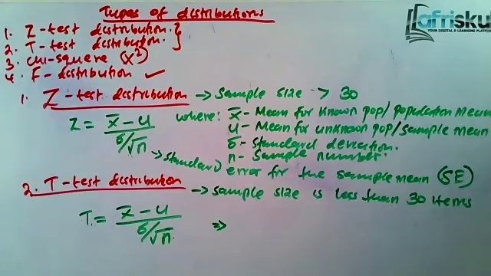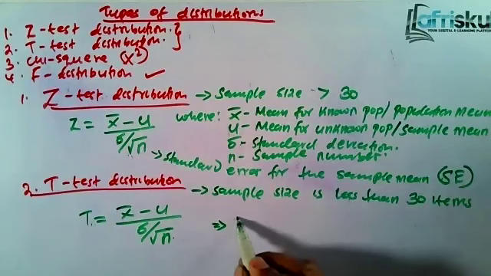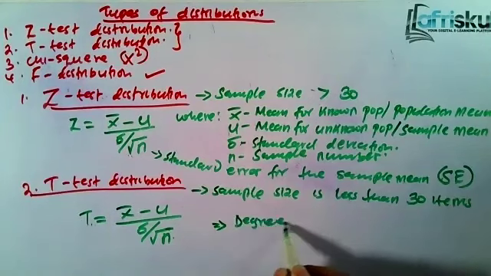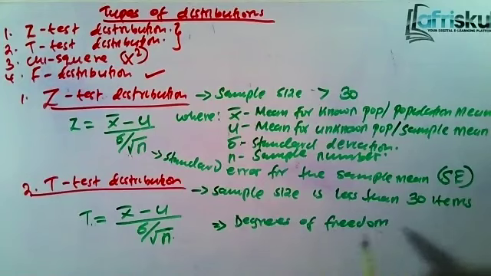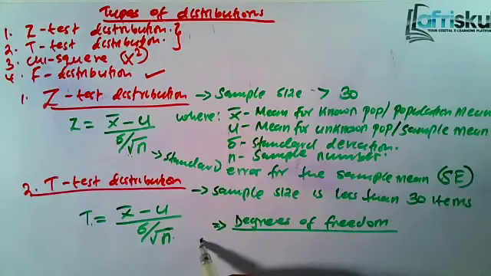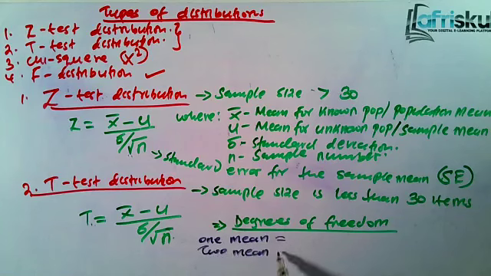But for the T table, we have something we call degrees of freedom. And how do we determine the degrees of freedom? We look at one mean and two means. For one mean, degrees of freedom, df, is equal to n minus 1.